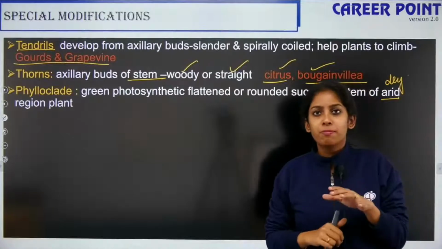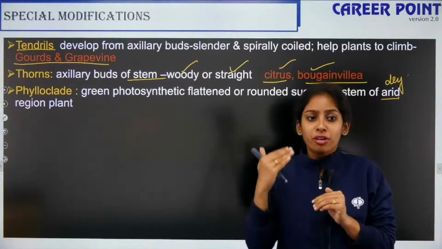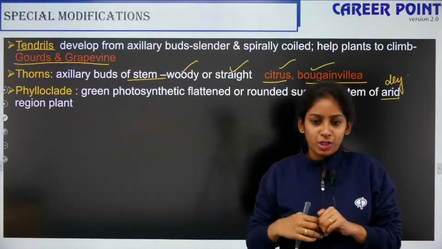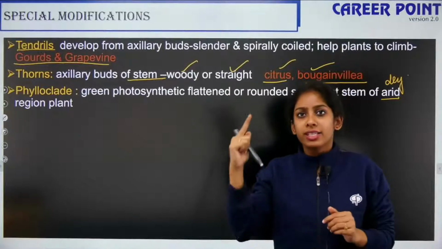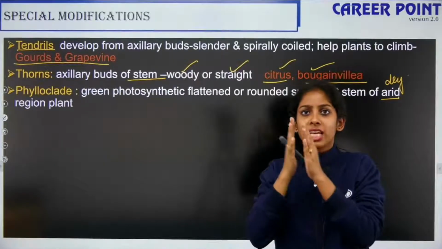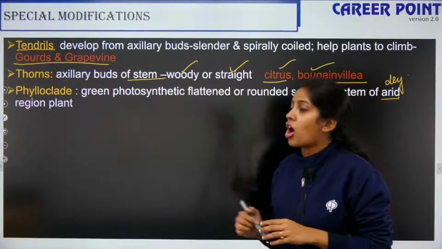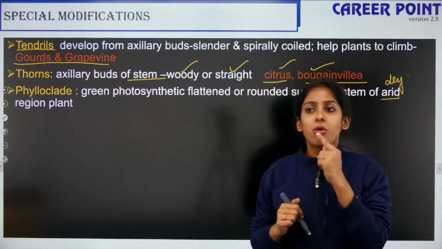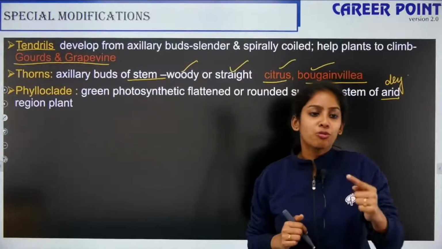In a desert plant, the water availability itself is less. So if the plant loses water by transpiration, it is a risky case, right? In that case there is no leaf, and the stem itself is modified to perform the function of the leaf. It is this modification of your stem where your stem becomes very green and photosynthetic.